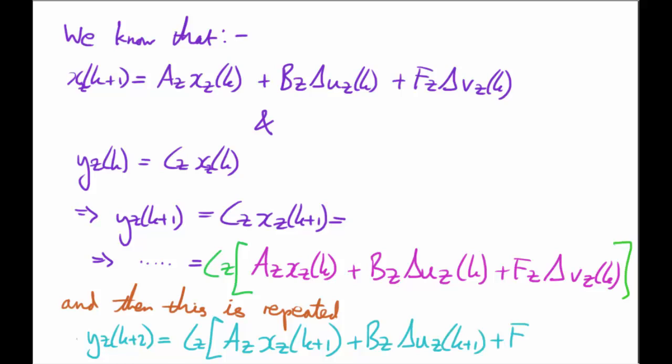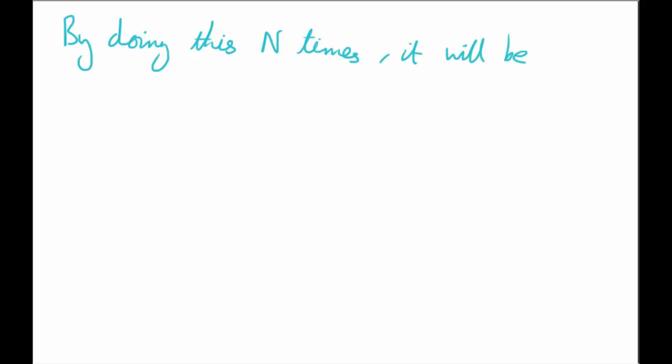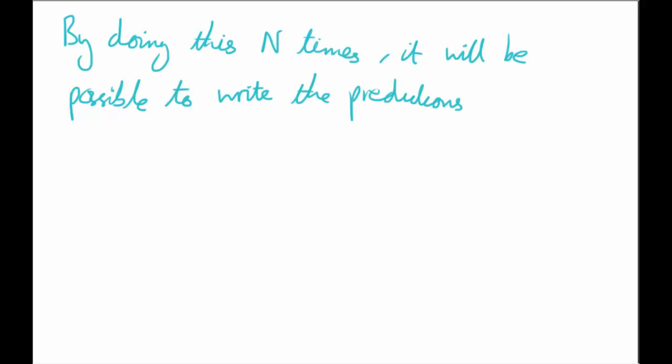So this is yz k plus 2, and it's just doing the exact same thing, and then you fill in xz k plus 1, but I didn't do it there because you can go all the way down to N and it's a bit awkward. So by doing this N times, it'll be possible to put this into matrix form, which is a lot easier to look at, and it will look like this.